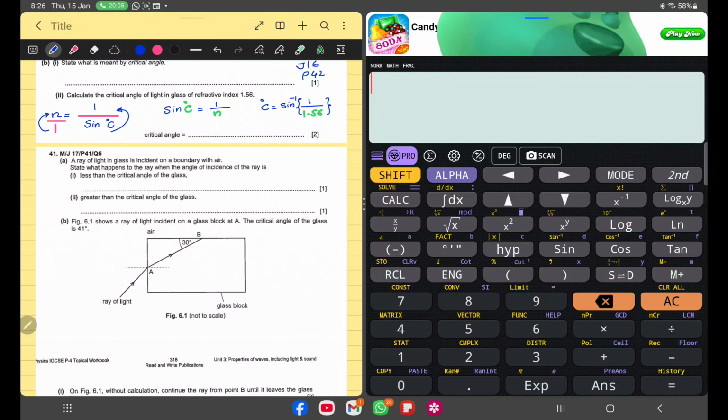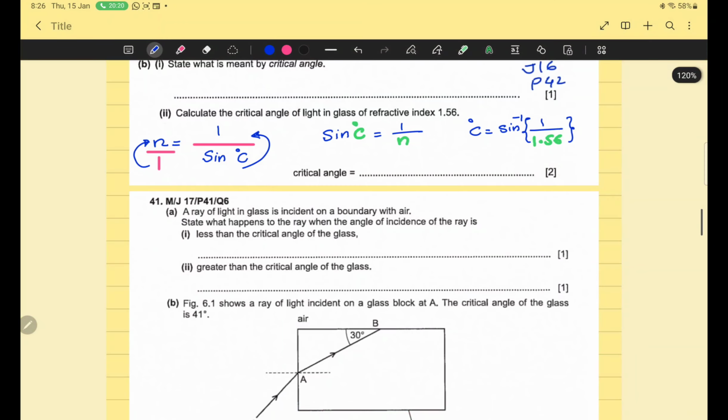Press shift sine, it becomes sine inverse, then write 1 divided by 1.56. The answer is 39.86, which means 40 degrees. So the critical angle for this question is 40 degrees.